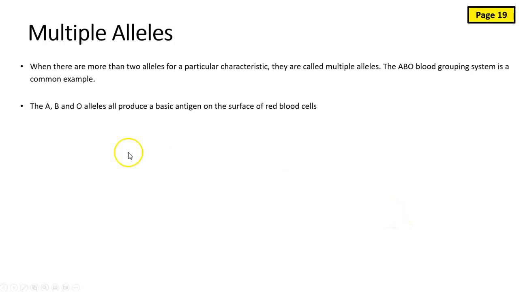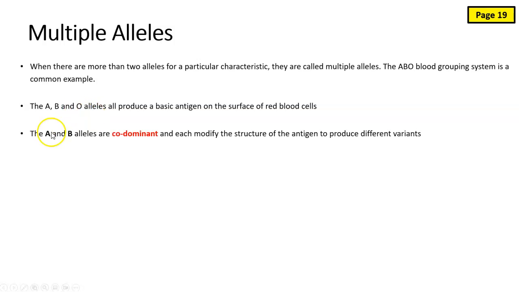So we know that there are 3 basic blood groups, A, B, and O. Now, the alleles for A and B are codominant to each other, and they will produce variants. However, the allele for O is recessive and does not modify the basic antigenic structure of the blood cells, whereas A and B do.